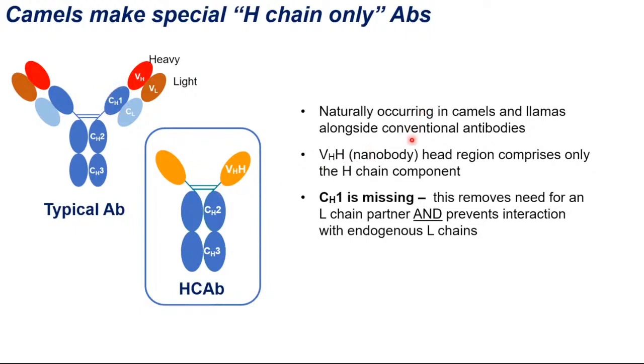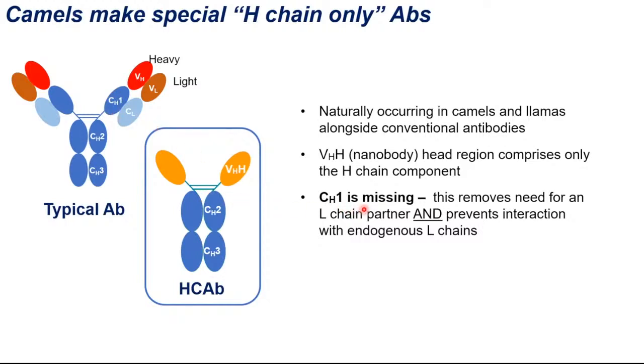These heavy chain only antibodies naturally occur in camels and llamas and alpacas, alongside their conventional antibodies. The head group, which is called VHH, or also nanobodies, is only made of one component from the heavy chain, so it's very compact and stable and small, and therefore there's a lot of excitement about using these as recombinant injected antibodies in people. And as I've told you, this CH1 domain is missing.